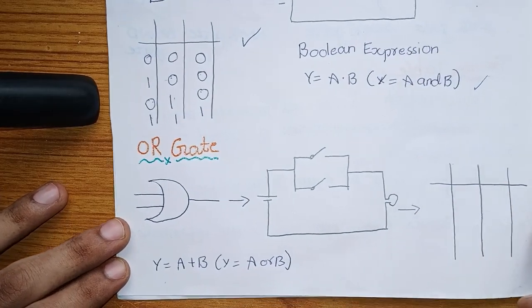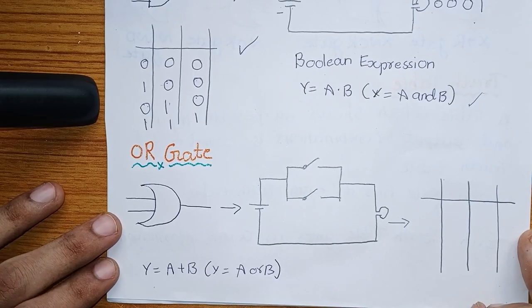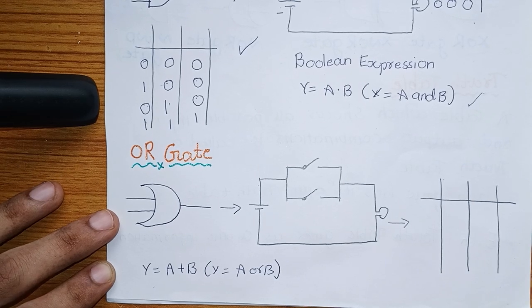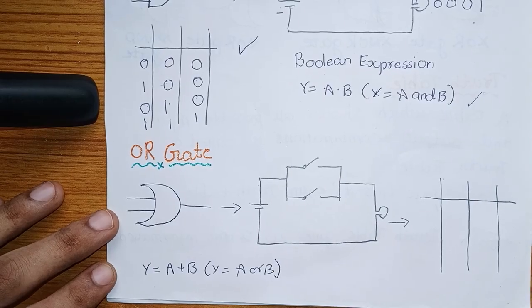The OR gate is more easy; we will get all positive signs here. The OR gate will allow the signal in three cases, and in only one case will it avoid passing the signal. Okay, that is very easy.